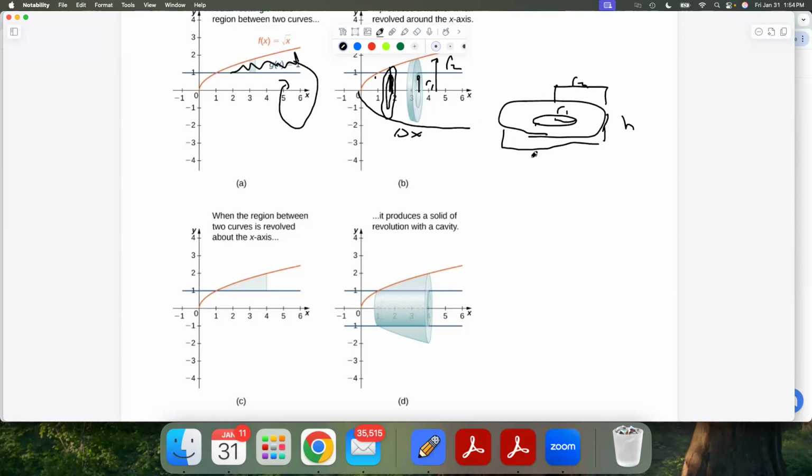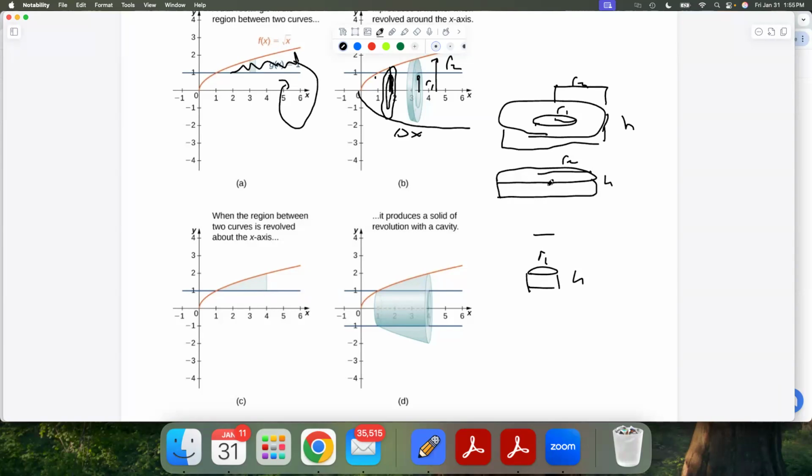Then that's the same as if we had a full cylinder of radius R2 and we subtracted out that inner cylinder. And again, I'm drawing everything horizontal because it's easier for me to draw. So imagine you've got this full cylinder, this disc, and you cut out the middle, you'll get this.